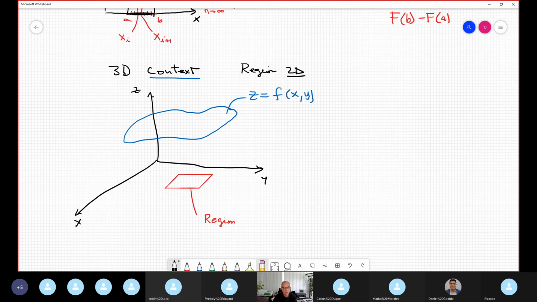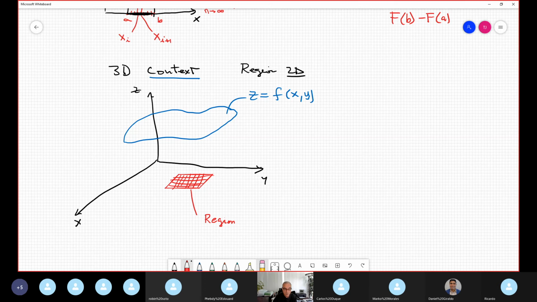And you are doing a partition. But how are you doing the partition? Well, you are doing the partition in X and Y, like that. So we have a very small rectangle, not necessarily a square, a rectangle.